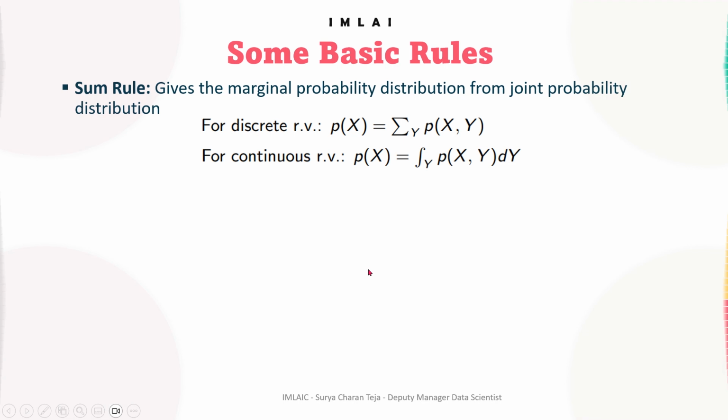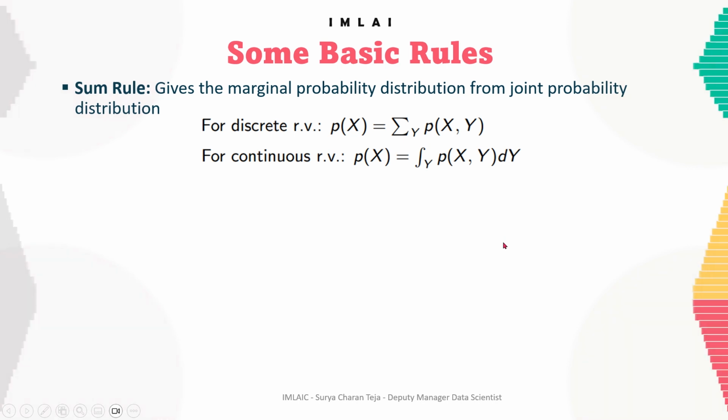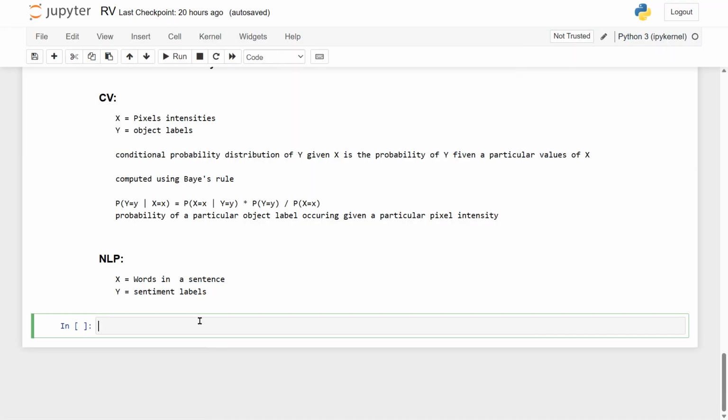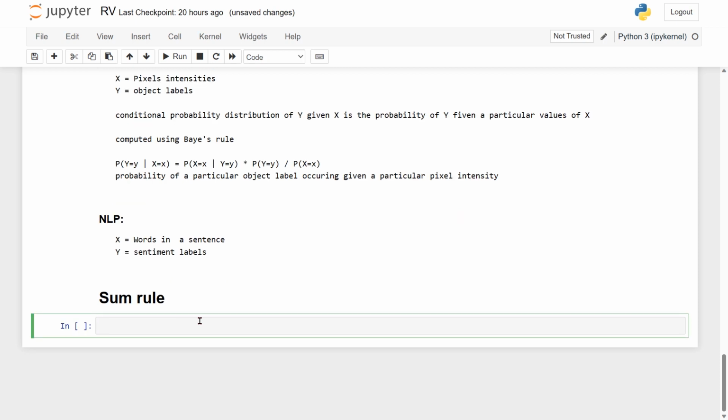Okay, so let me write down the equation for the discrete case, and then let's take one example. This one for us is the sum rule. This is how we show P of X equals small x is equal to the summation symbol, summation of P of X equals x comma Y equals y.